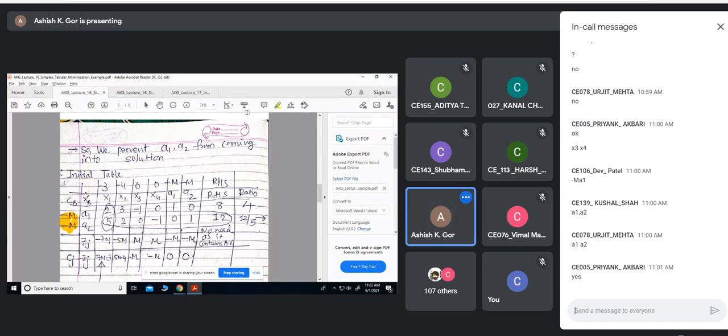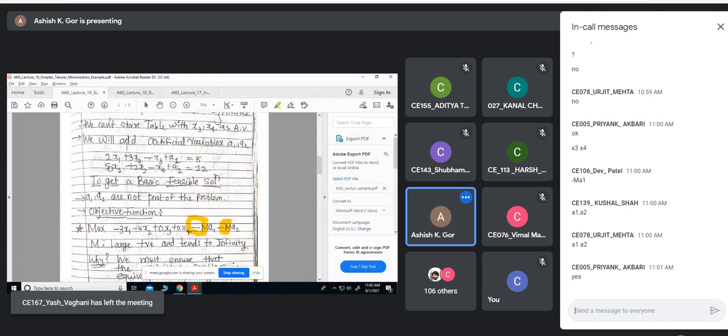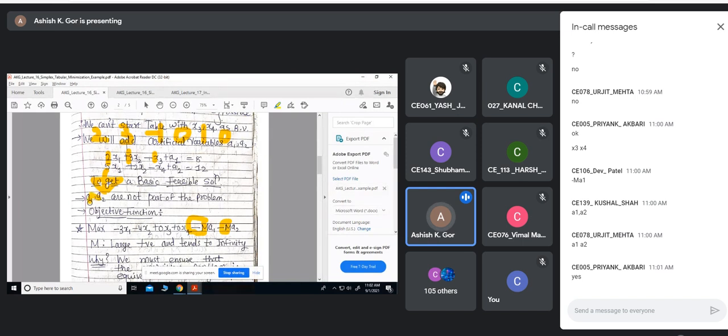Okay. So now what we have to do? We have to write this: 2, 3, minus 1 for x3. So it's 2 for x1, 3 for x2, minus 1 for x3, 0 for x4 because there is no x4 term, and A1 is 1, A2 is 0. In the same way for this constraint, I should write 5, 2, 0, minus 1, 0, 1.